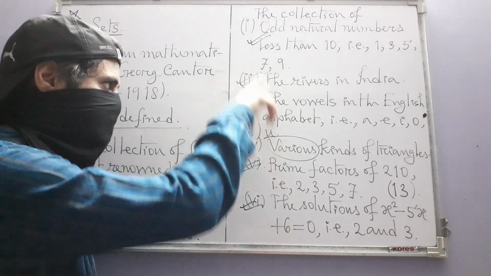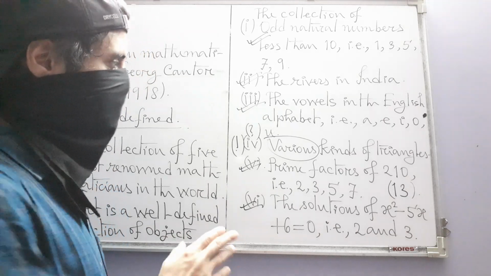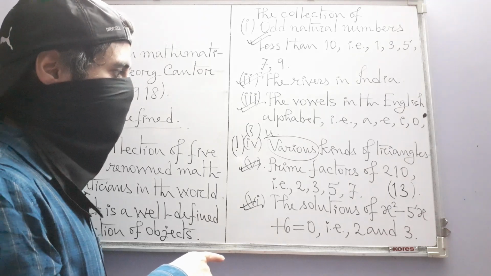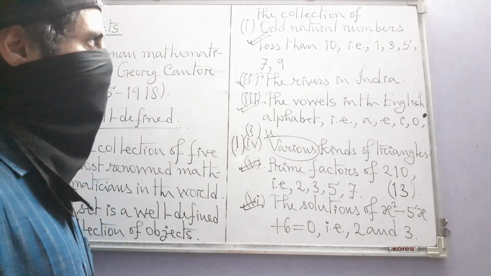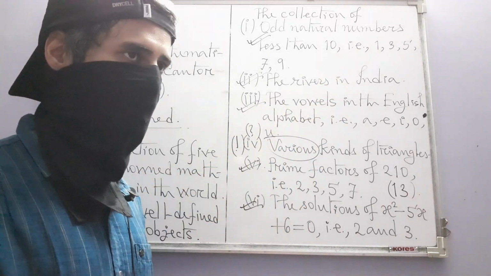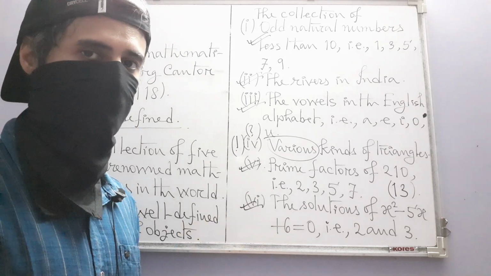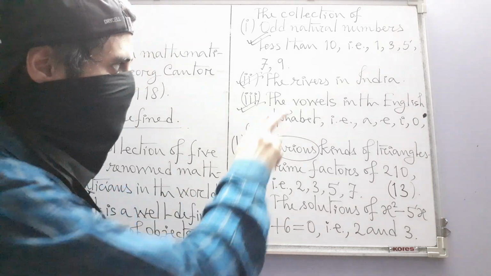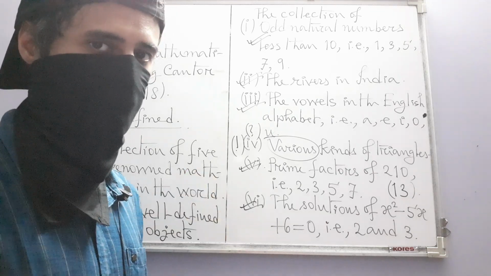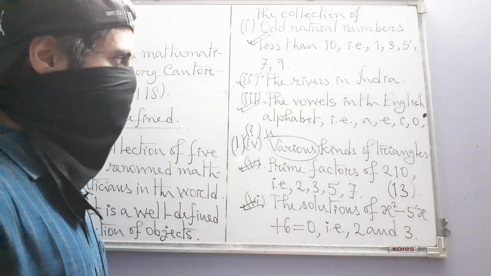Now, before I erase this part, let us also see more specifically some statements about these collections regarding their well-definedness. For example, this collection, the rivers in India, is well-defined. We know that the Nile River in Egypt is not an object in this collection. However, the river Ganga or Yamuna, okay, these are rivers in India, so they belong to the collection.